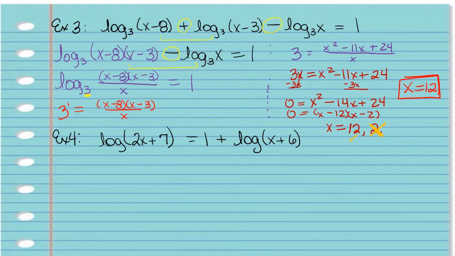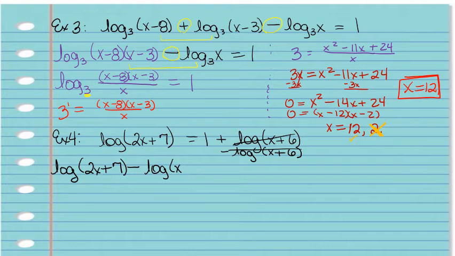Alright. Next problem, much quicker. I'm going to subtract log of x plus 6 on both sides because I need the logs together. So that's going to give me log of 2x plus 7 minus log of x plus 6 equals 1.